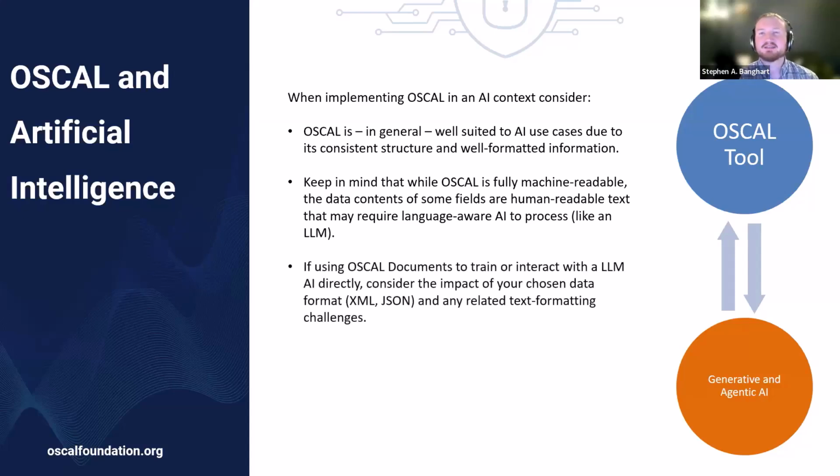And the other note I'll make is that if you are using an LLM, take care to pre-process your OSCAL documents first to make sure that you're not introducing any errors brought in by the specific text formatting of your data format. XML and JSON look a little bit different. If you feed them in wholesale to an LLM, you might not get the results that you need. You're going to want to process that OSCAL document first into its constituent pieces and use those.